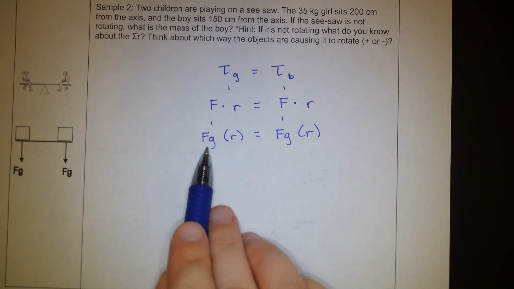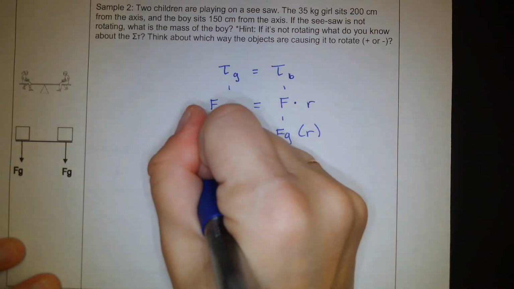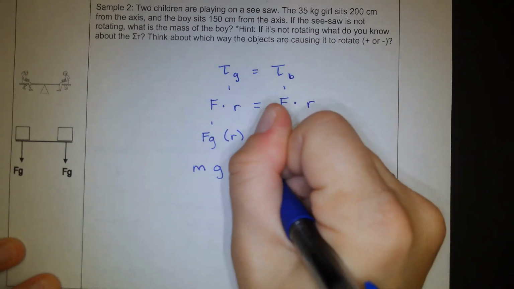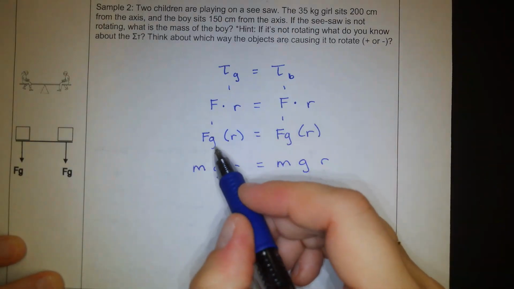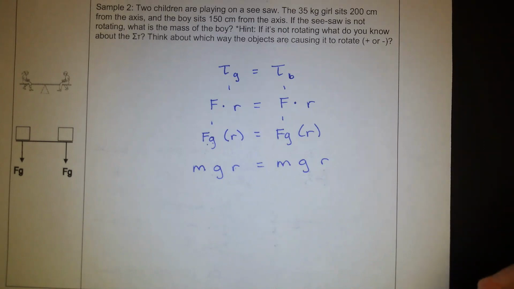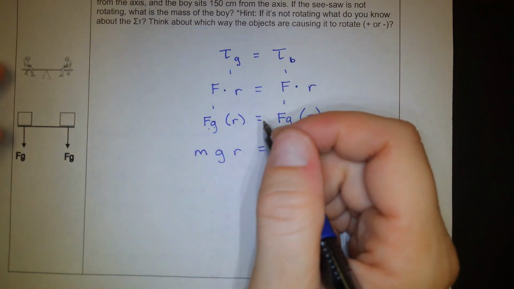So how do I solve for force of gravity? I do mass times gravity. So mass times gravity times radius equals mass times gravity times radius. This Fg is equal to mg, and then just carry down the r. So let's see what we got here. Let's put in our mass.